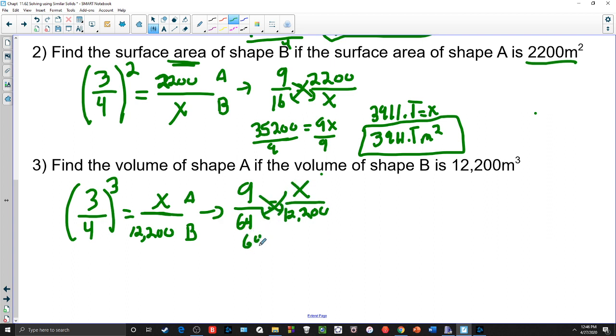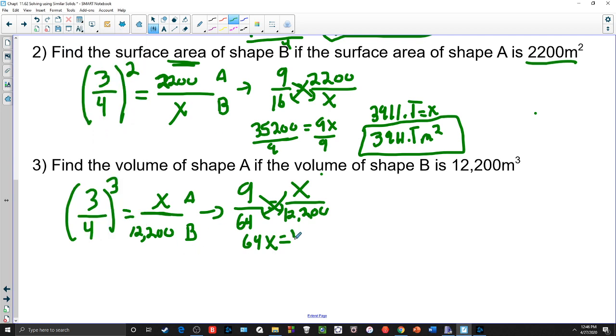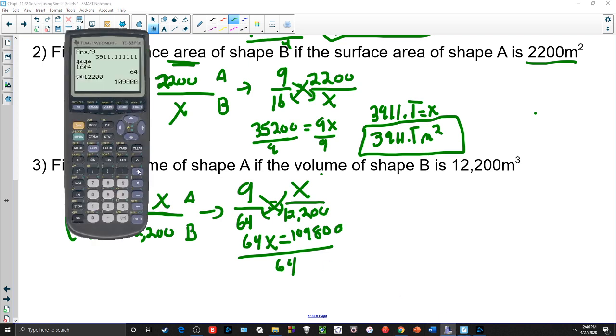So 64x is equal to 27 times 12,200, and we get 109,800. And then the coup de grace here, you divide by 64, and you get 1715.625.